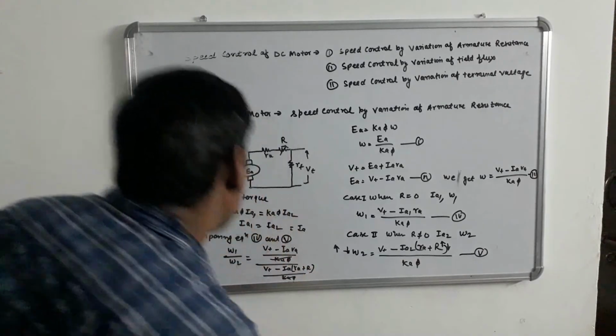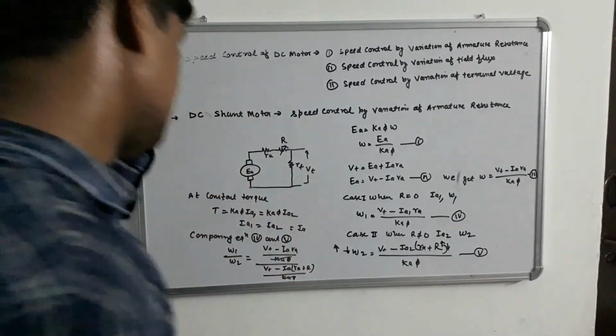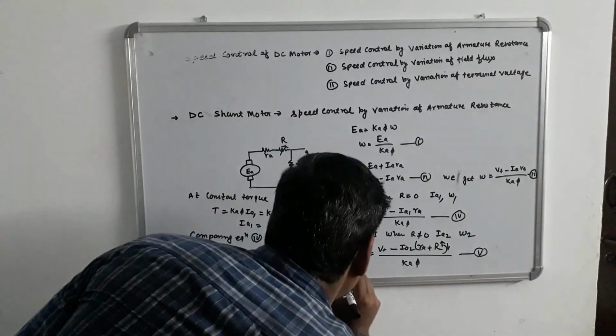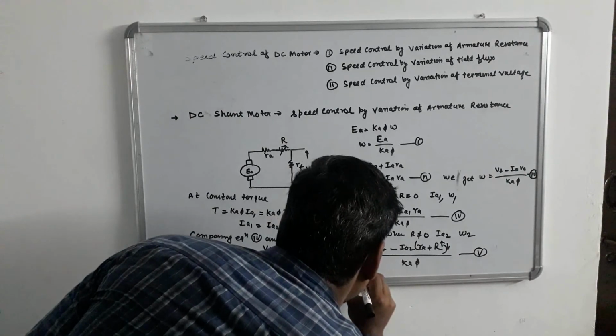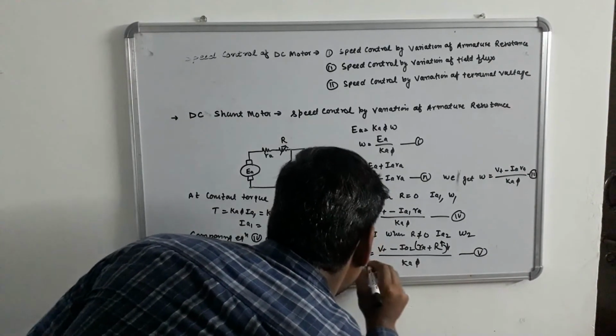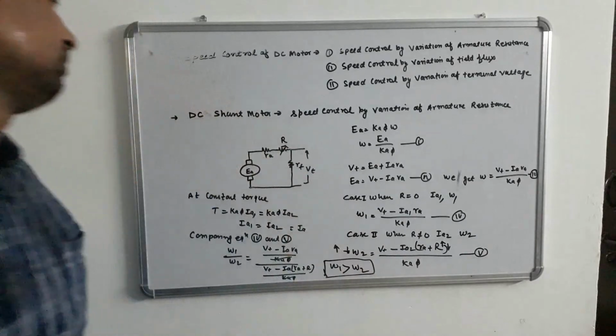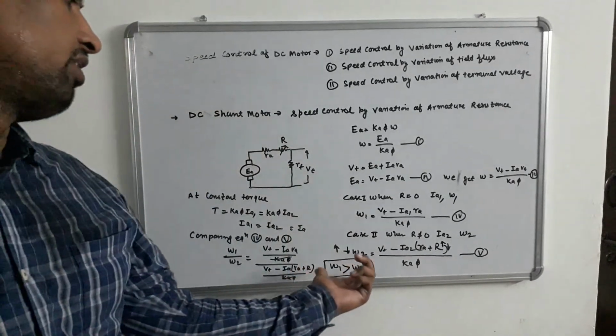This equation will be converted, and comparing this one, omega 1 is greater than omega 2. This is the final equation.